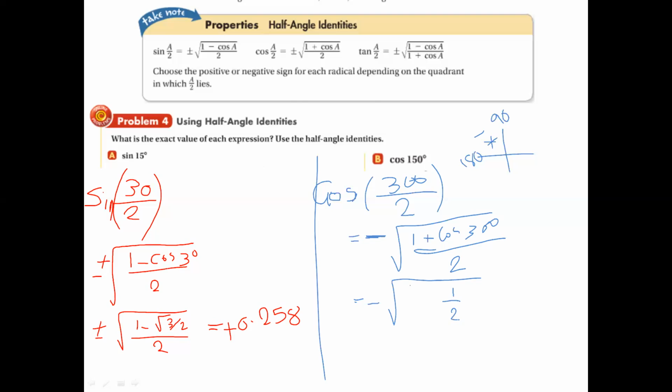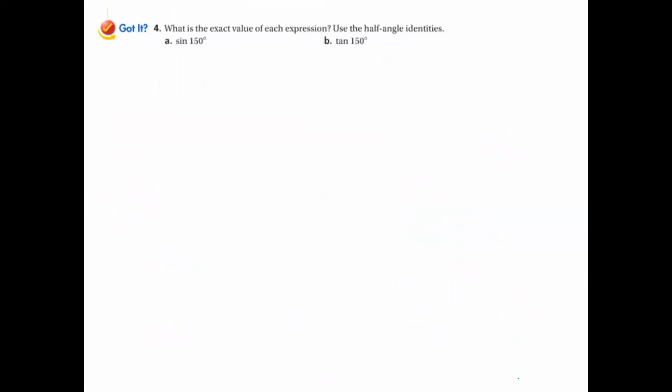It is negative square root of (1 plus 1 over 2) over 2, which is 3 over 2 over 2. So it is the square root of 3 over 4, then minus square root of 3 over square root of 4, which is 2. So the answer is negative square root of 3 over 2.